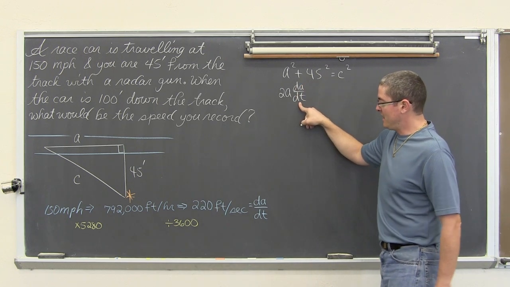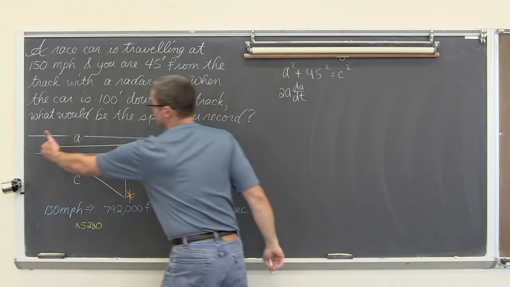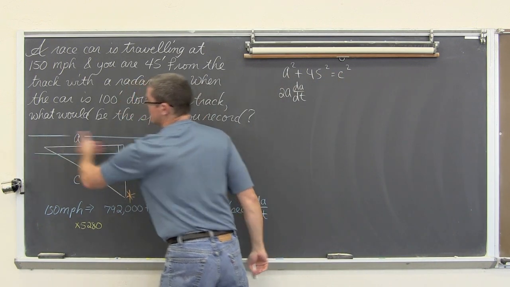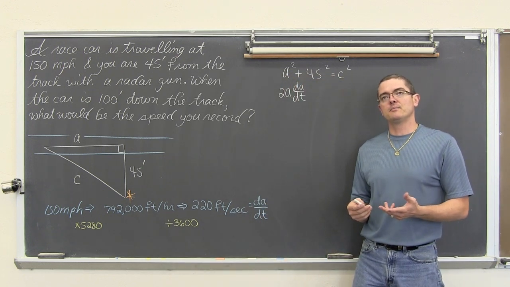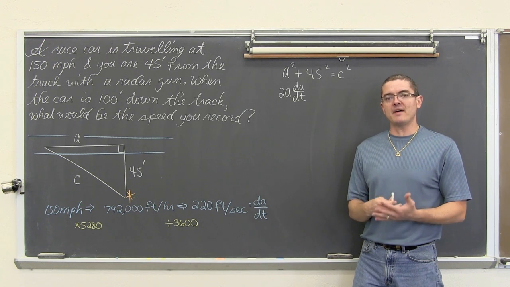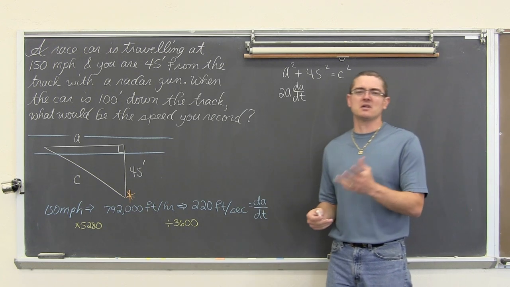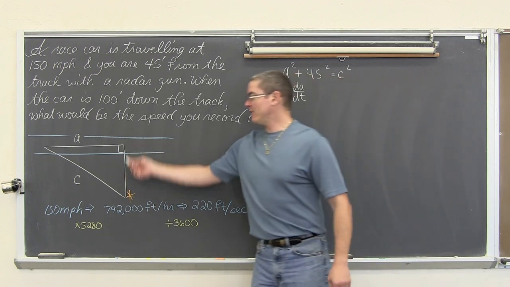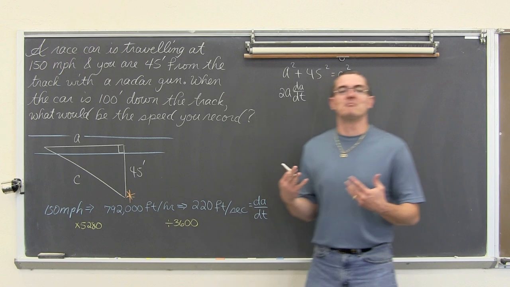This dA dt, as I've marked down here in blue, is the speed along side A, the speed that the car is actually traveling, and we're told that it's going 150 miles per hour. Now, that's not a problem, but I can't use that value because it's in miles and it's per hour. We're 45 feet off the track, not a certain number of miles away.